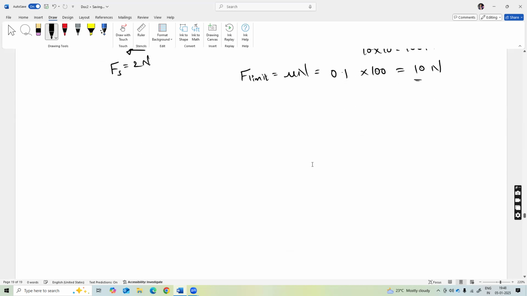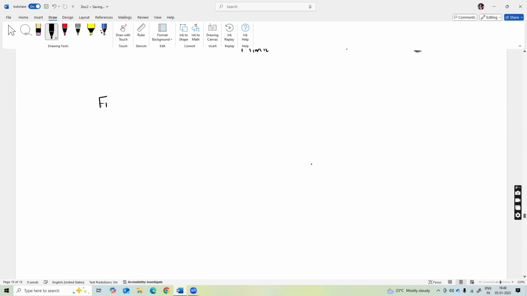And now let's say find out the acceleration of the object in the given case.